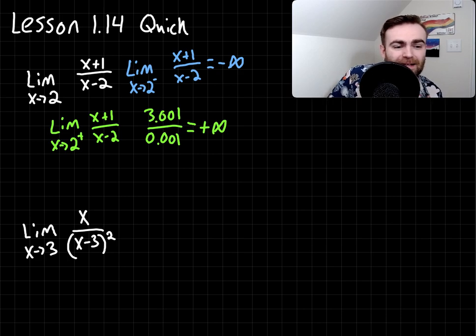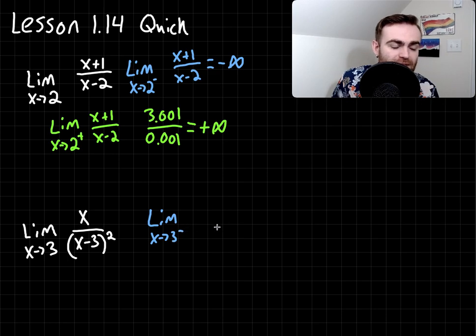What if we have something like this one? It's a little sketchy because I have a squared here, so that might imply that something's going to happen. But let's see. Again, we're going to approach it the same way. We're going to take the left and the right-hand side limits and see what happens. So let's take the limit as x approaches 3 from the left.